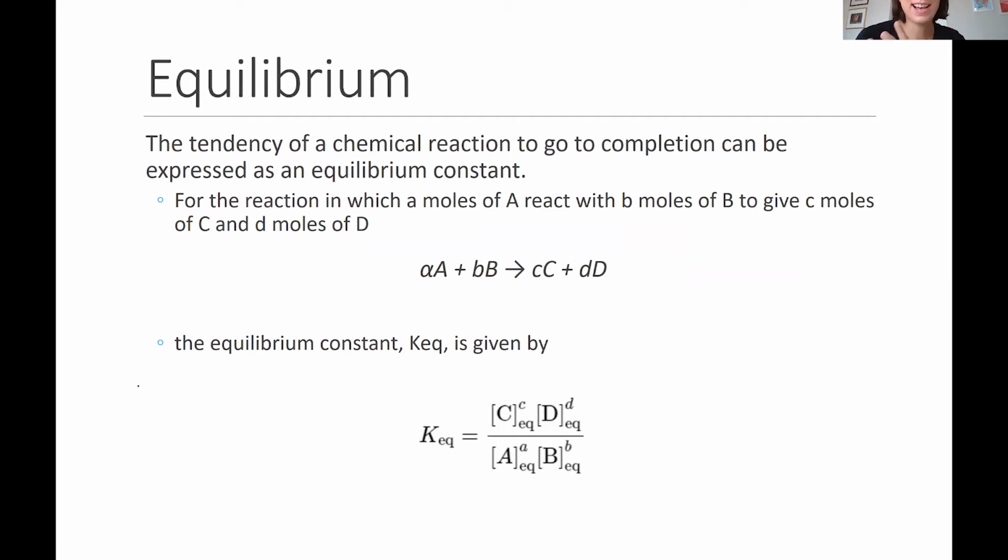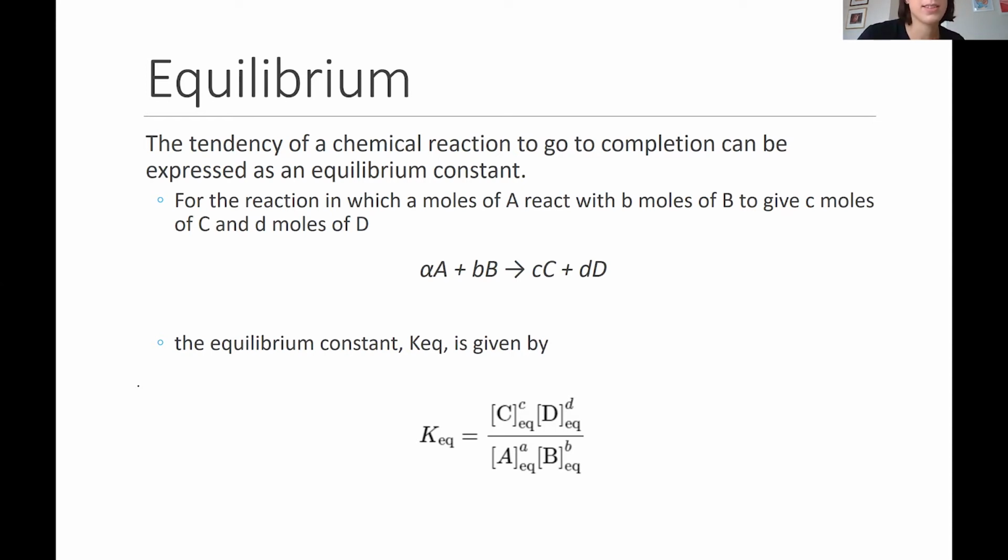Equilibrium is still tied to something being exergonic or endergonic. I'll show you that in a second, but remember how we set up an equilibrium equation. So for example, if you have some reaction, any molecules, now we can be talking about complex large molecules that are reacting. It's still a chemical reaction.